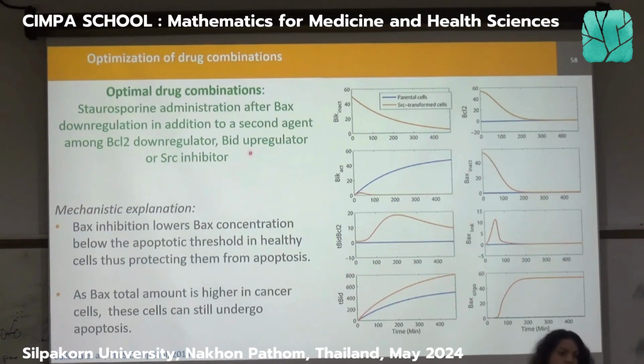So basically you have several optimal strategies, but the common thing is the second agent that will reduce BAX. And why? Because remember that we have seen that BAX is overexpressed, or more expressed, in the cancer cells.